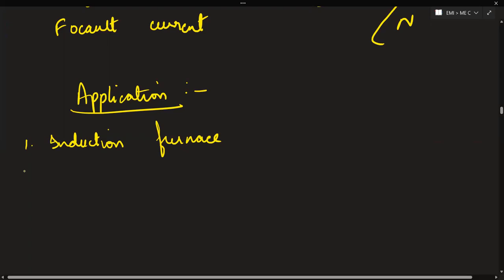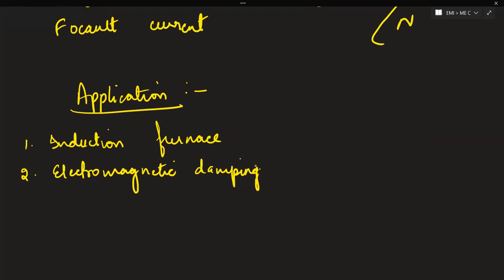Similarly, there is the concept of electromagnetic damping. Whenever a current is passed through a galvanometer, the coil suffers a few oscillations before coming to rest in the final position.